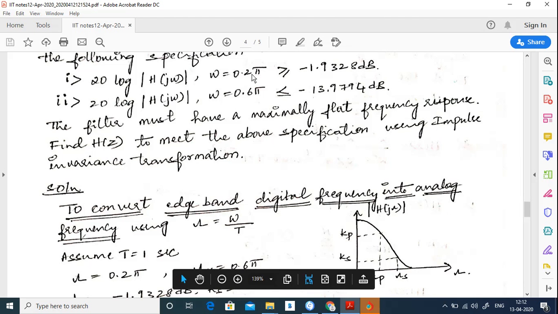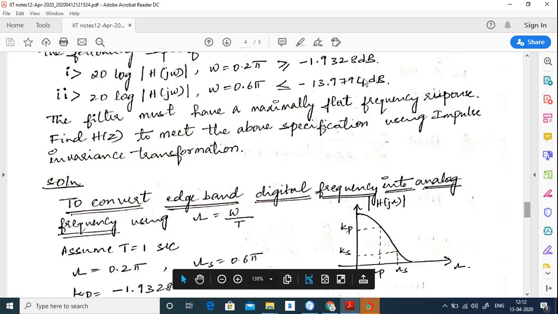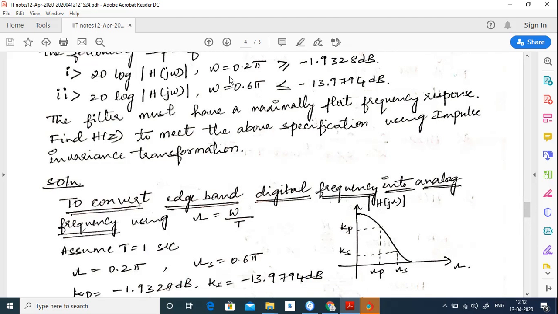Corresponding to omega p we will have one attenuation. So that will be my kp. Similarly, corresponding to omega s we will have one more attenuation or gain, that will become my ks. Now, one more point which we should remember here is, they have given us digital frequency.